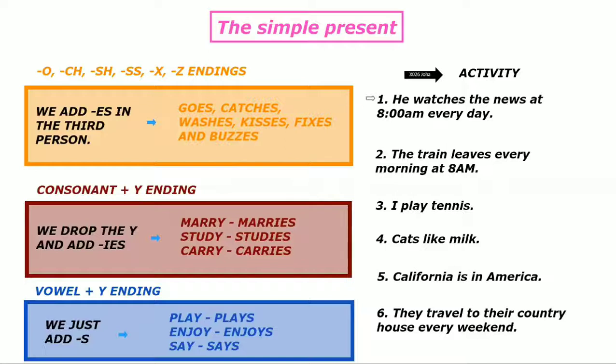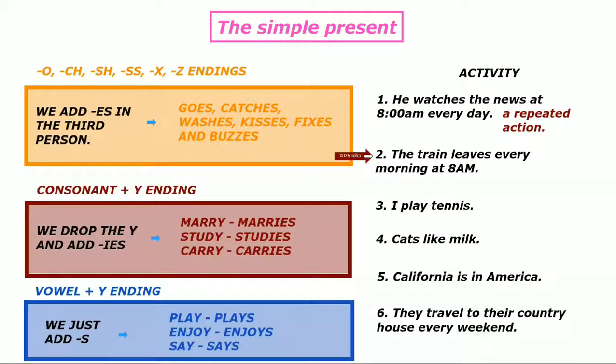For example, number 1, he watches the news at 8 a.m. every day. So what's that? Very good. In here, we are talking about a repeated action. Now let's go with the number 2.